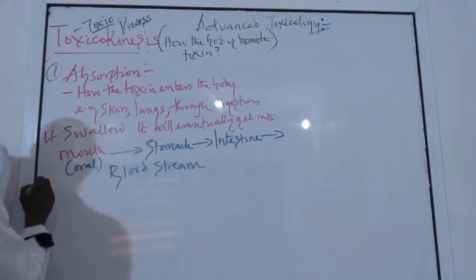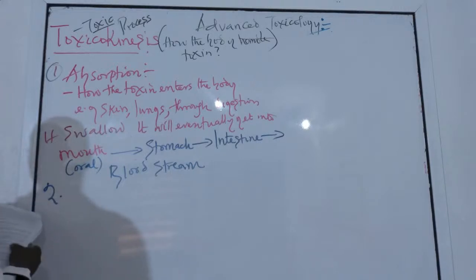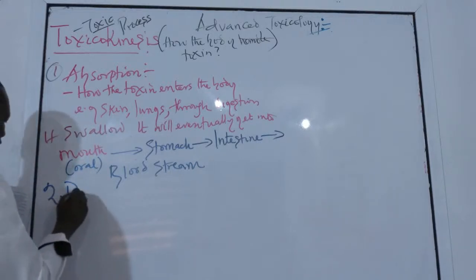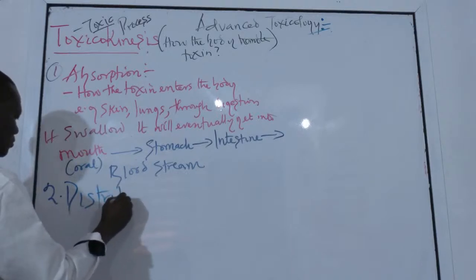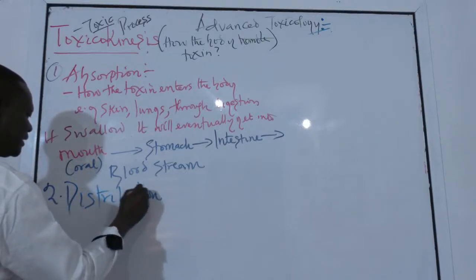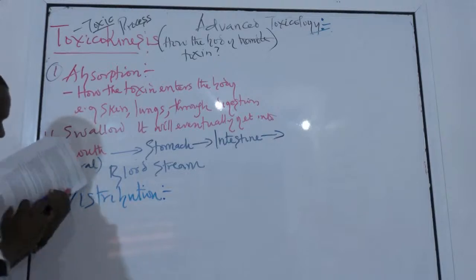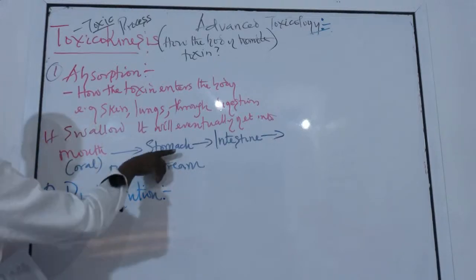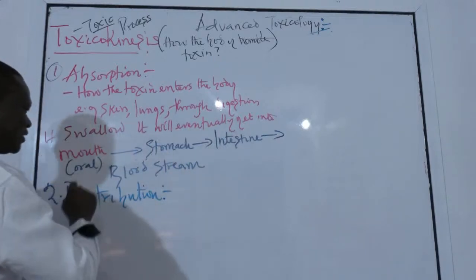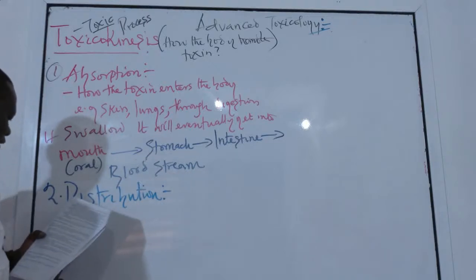The second stage has to do with distribution. Don't forget that at this point it is just one straight way; it has not been distributed.